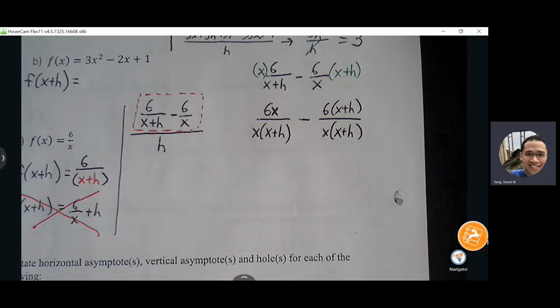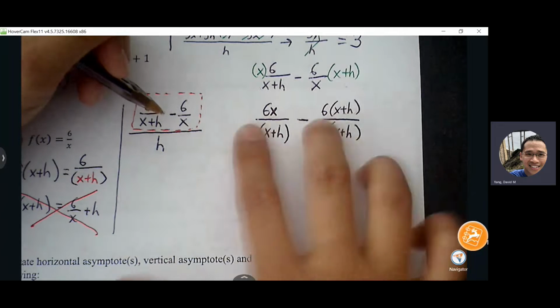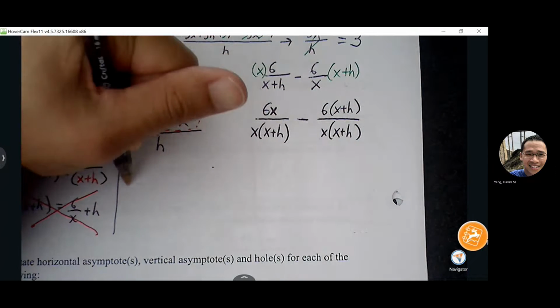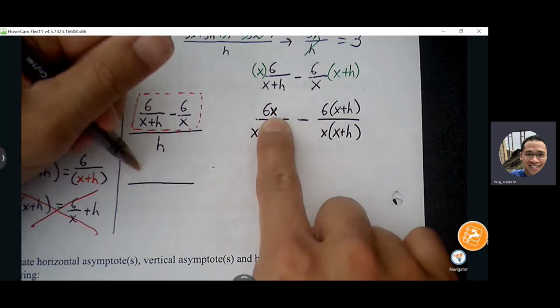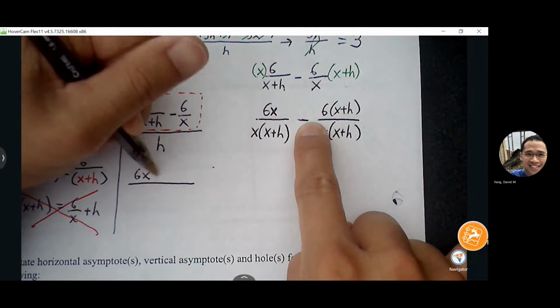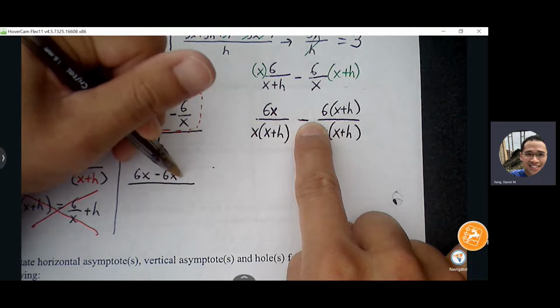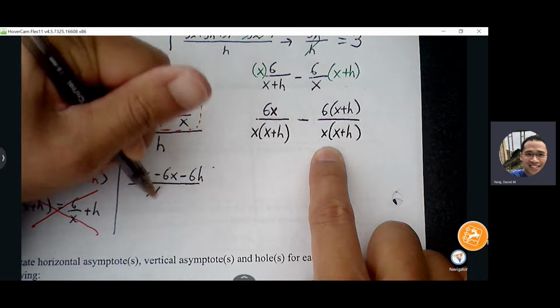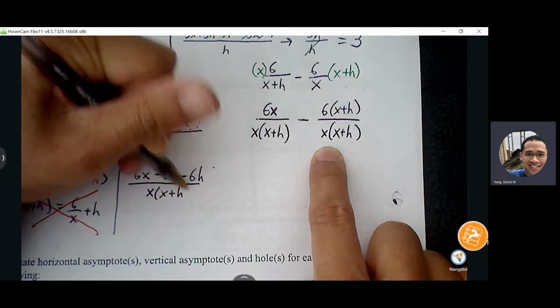So now that I have common denominators, I'm going to merge them together and combine the numerators. We can do like terms with numerators now. So this is 6x minus 6x minus 6h over x times x plus h.